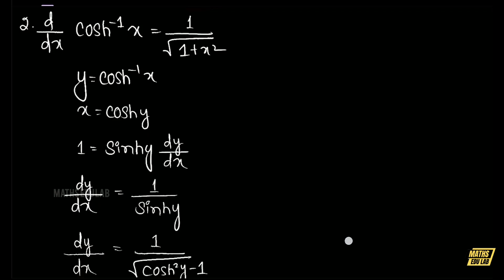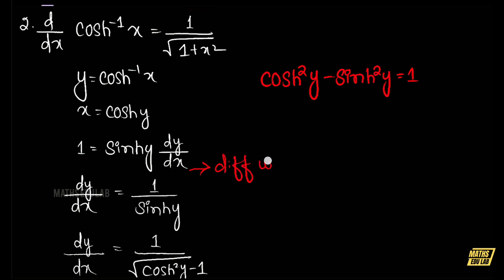Only the change is, as we have written cos hyperbolic square y minus sine hyperbolic square y is equals to 1. Here we have done the derivative with respect to x. So the derivative of x will be 1.